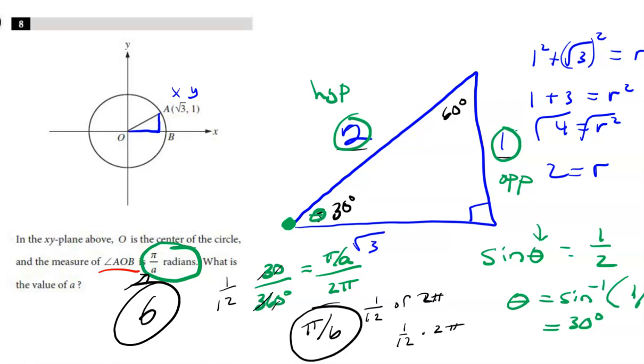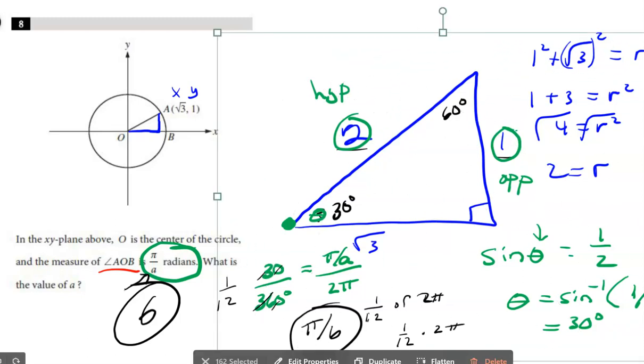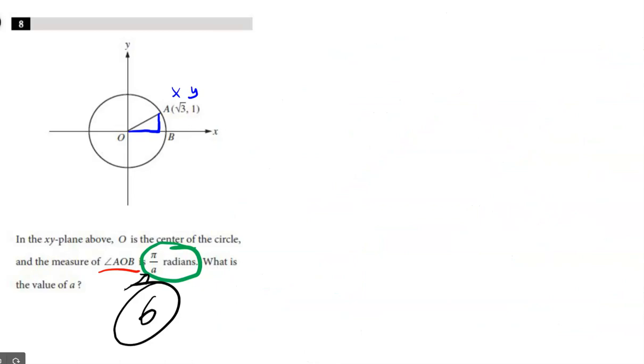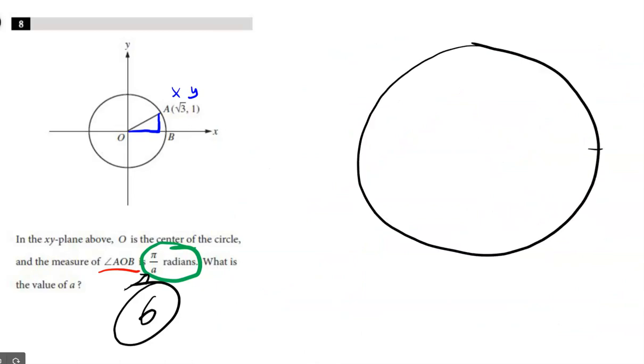Now, something I want to really drill home for you guys is, when you're thinking about radians on the circle, I always go back to this. This is 0 or 360 degrees. Over here is 180. And you start working your way through. 90 is right here.